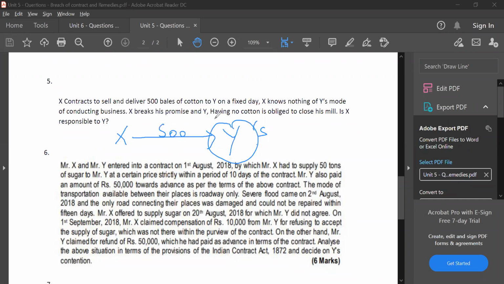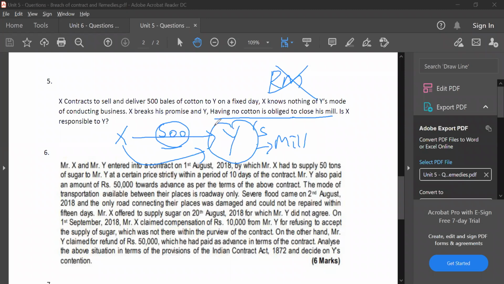And Y, having no cotton, is obliged to close his mill. Is X responsible to Y? Because Y did not get the 500 bales of cotton, Y's mill did not have enough raw materials, and hence he had to close down his mill.